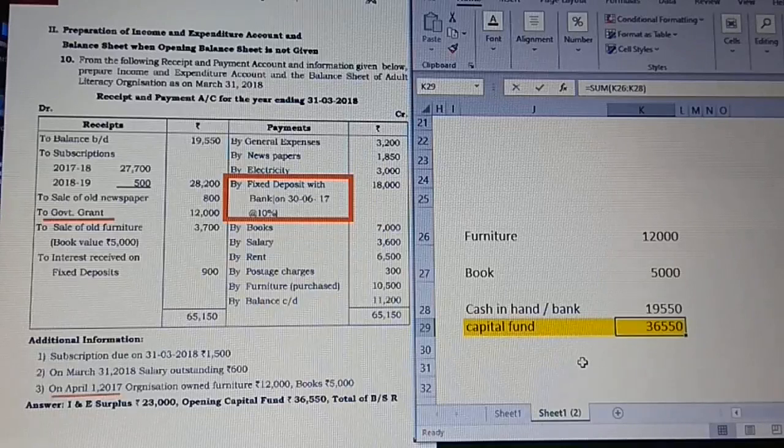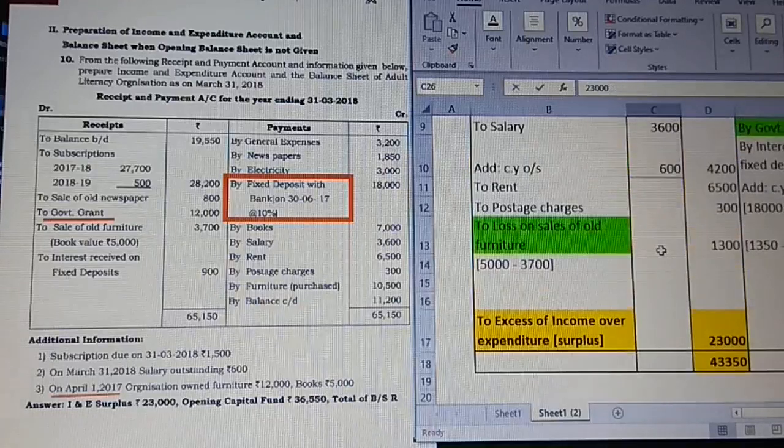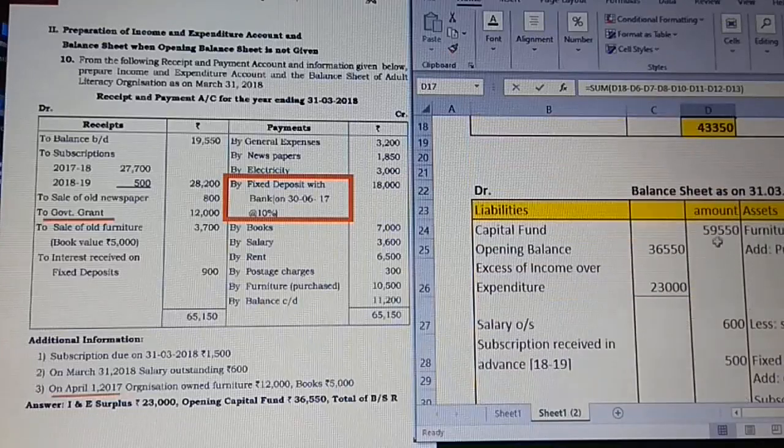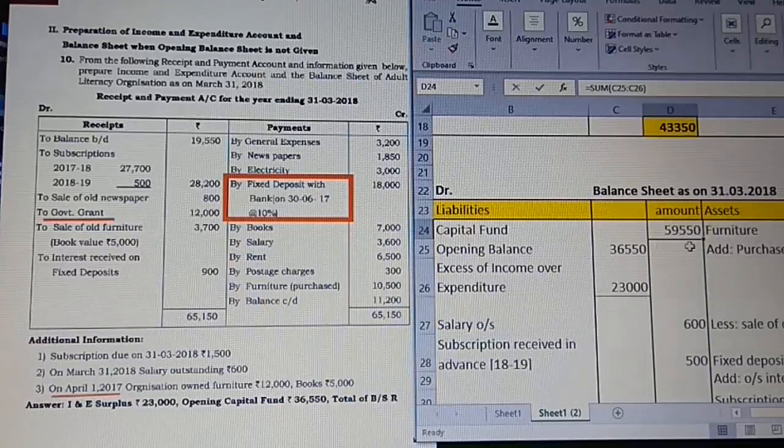So this is the fund which we found for the purpose of capital. So I have taken that 36,550 as opening balance, and apart from that we have excess of income over expenditure found, that is a surplus of 23,000. So formatting it, I get 59,550 as the capital fund for the current year.